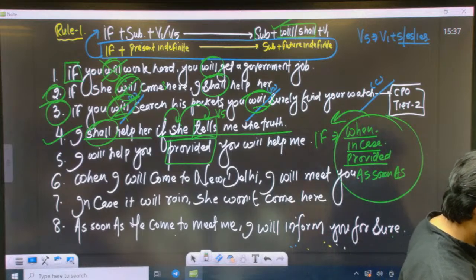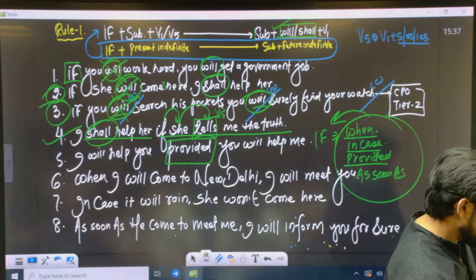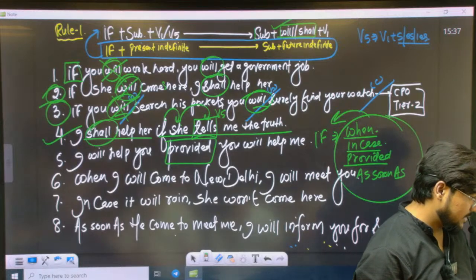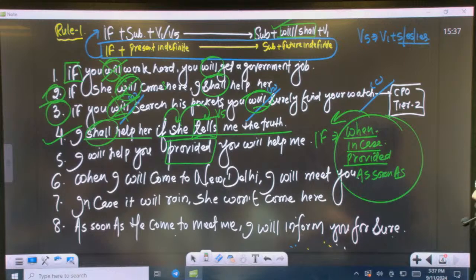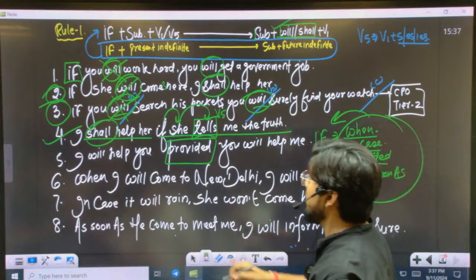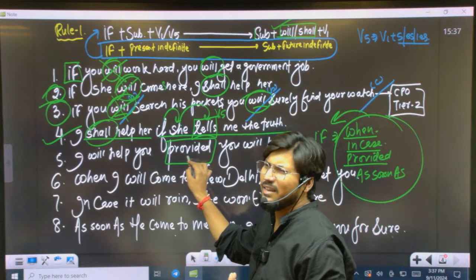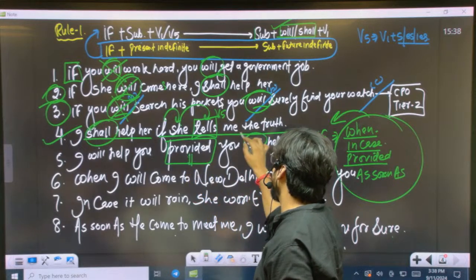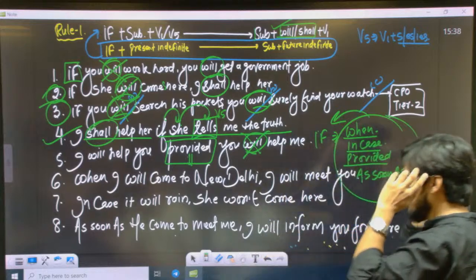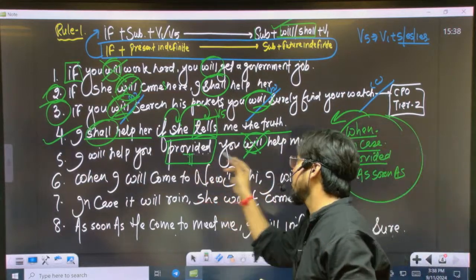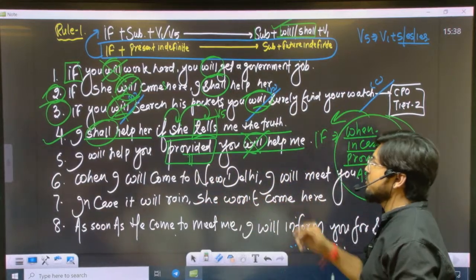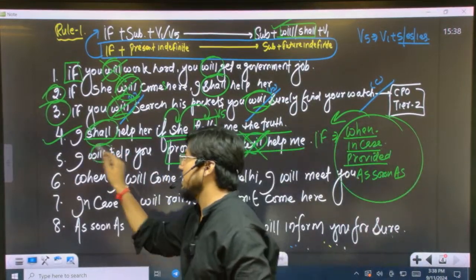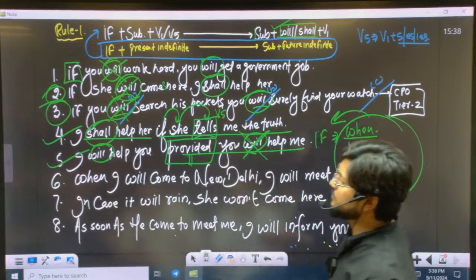Very good. Now come to this point. This is nothing but the point of view of if, so will will not be used. Why? Now this becomes your if clause, so we don't have to go for will. But in the main clause, we can use it.